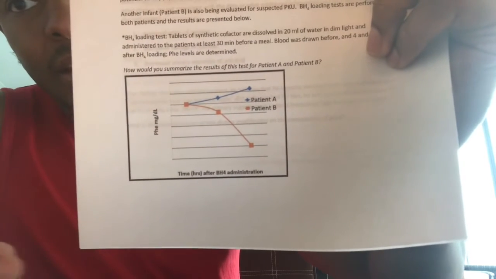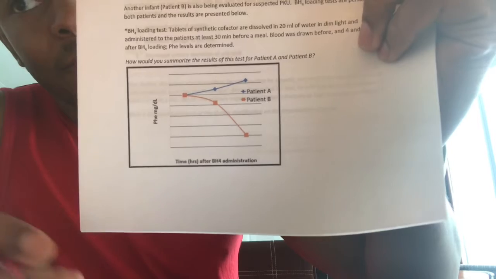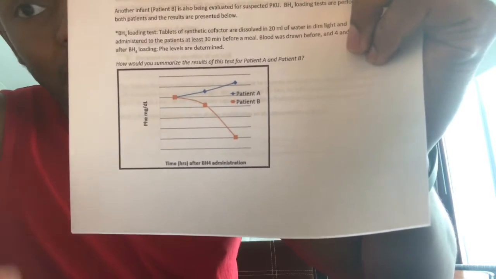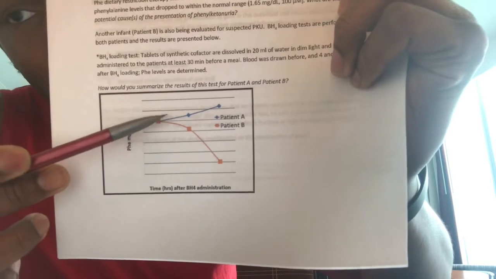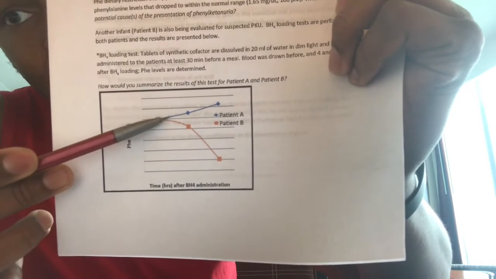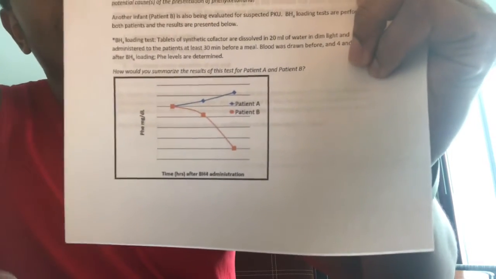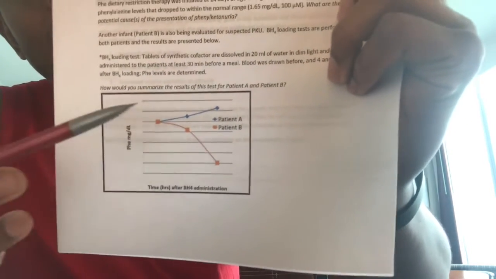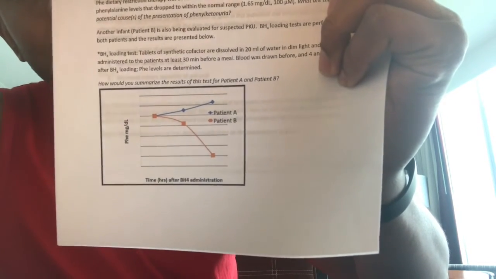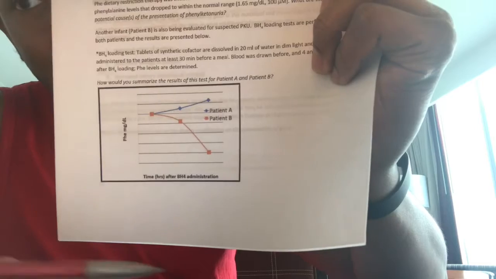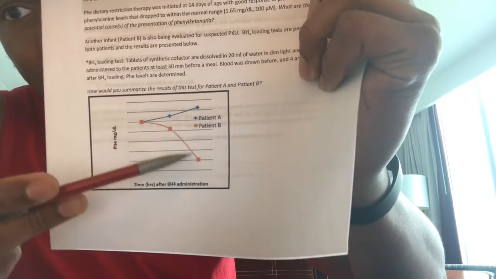My analysis of the response of patient A versus the response of patient B indicates that patient A's issue is primarily with the enzyme phenylalanine hydroxylase. I believe they're deficient in the enzyme because when we give the cofactor of the enzyme to patient B, we start seeing the enzyme work and the infant's phenylalanine levels decrease.